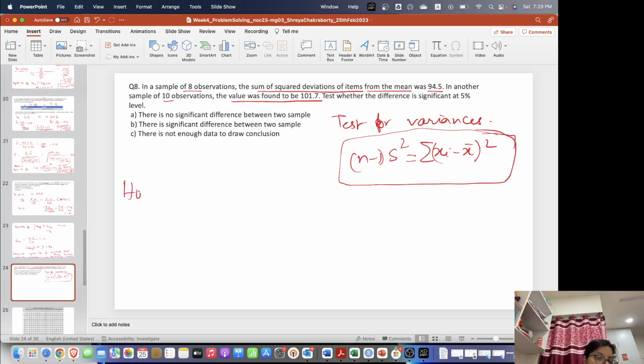So the H naught is that sigma 1 squared, from the sample of 8 observations, is equal to sigma 2 squared, versus H1: sigma 1 squared is greater than sigma 2 squared.